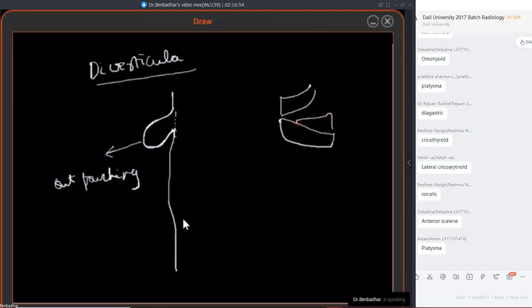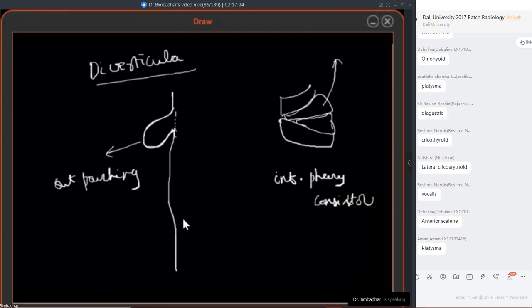Now, there is a sensitive area in between these muscles, which is called a space, the weakest area along these muscles.